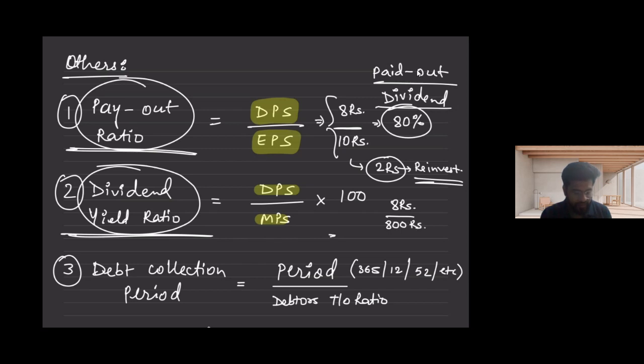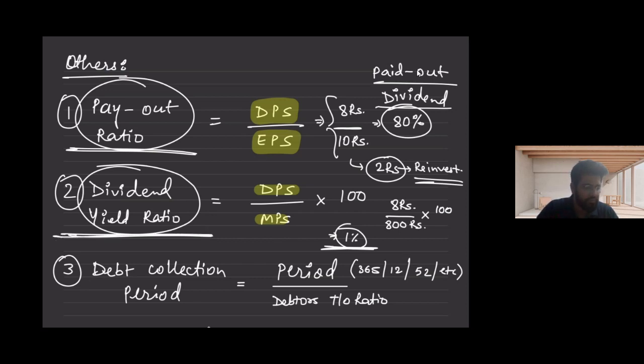So I will say that only 1% is the dividend yield of the company. How did I calculate it? 8 rupees divided by 800 multiplied by 100. So 1% is the dividend yield of the company, that if the market price of the share is 800, out of that 800, only 8 rupees has been distributed as a dividend, and that is called the dividend yield ratio.